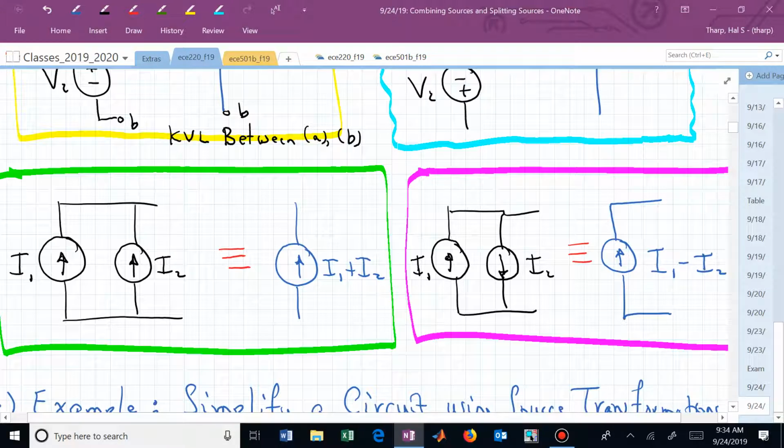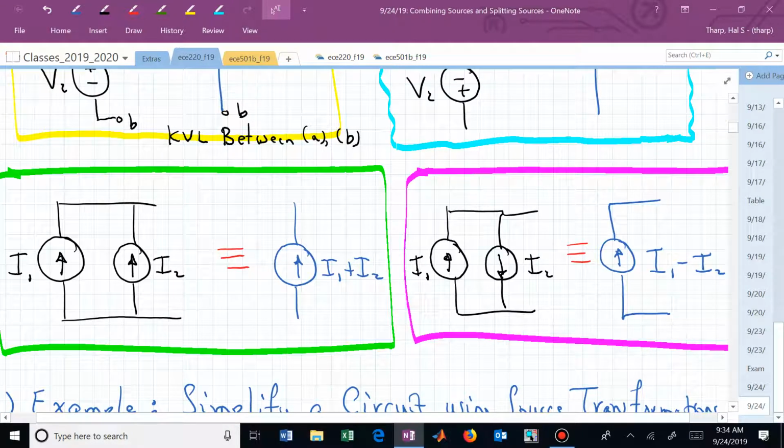The dual of that is associated with current sources. We need to be able to combine current sources. And here what you might be thinking of is, if this is now A, can you look at KCL at node A?